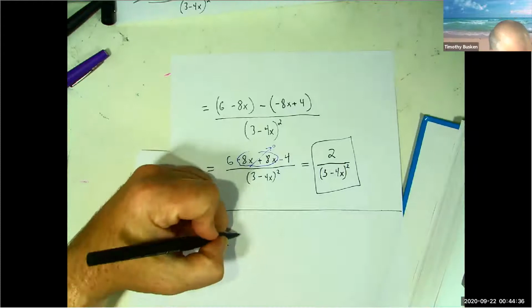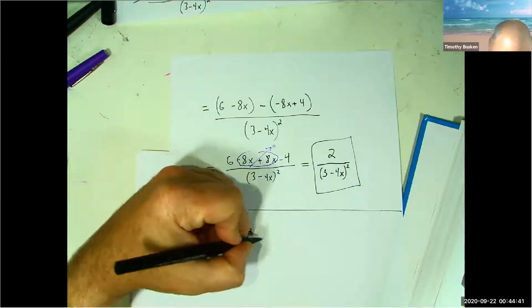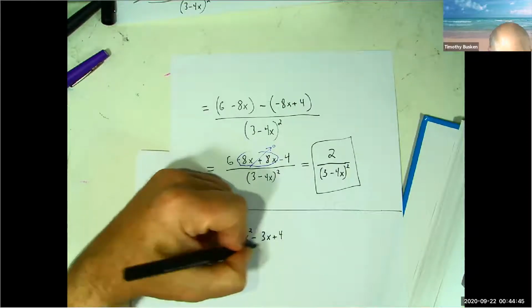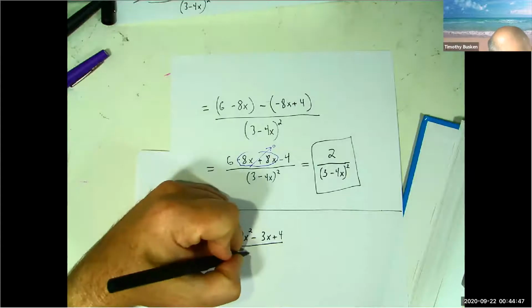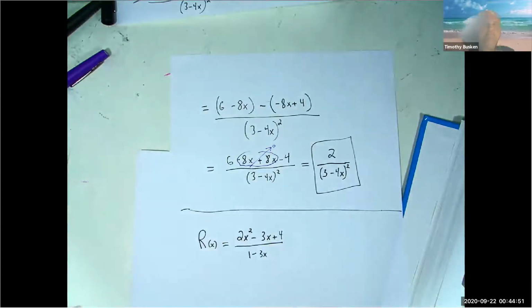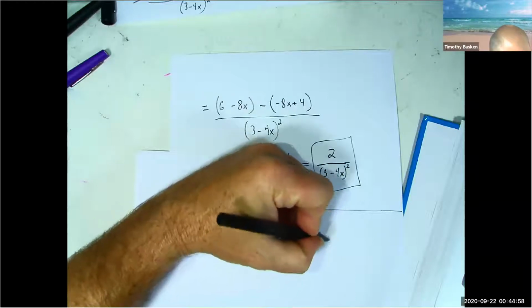How about this: 2x squared minus 3x plus 4, and that's all over 1 minus 3x. Okay, so we want to find r prime of x.